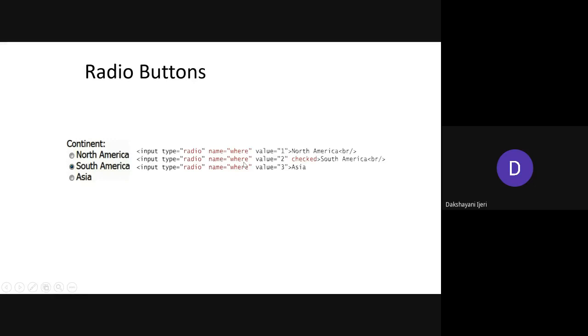You can see one more attribute has been used here, checked. This attribute has to be used on any one of the radio buttons where you want to make that option selected by default.